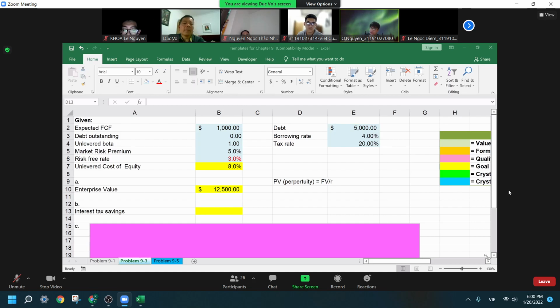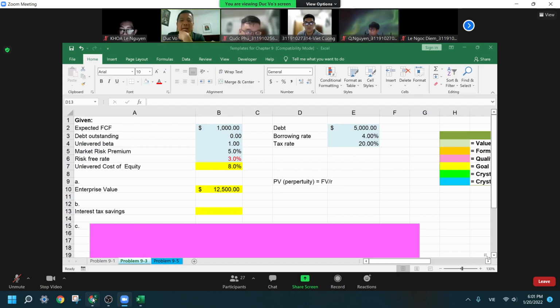Not sure what you are talking about. Why do you bring a saving account into the valuation here? What is the interest tax saving? What for? I don't really remember.